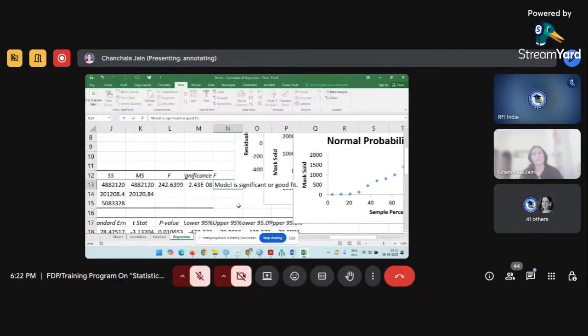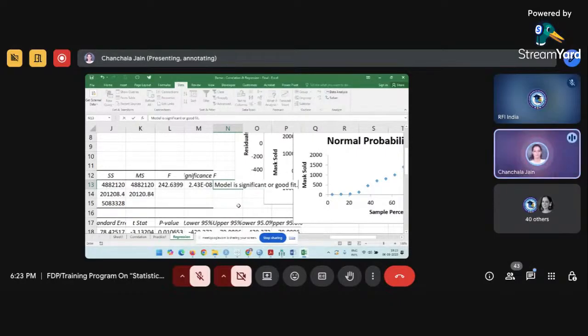Yes, ma'am. The significance level, a less value means a better fit. Actually, it is not that alpha.